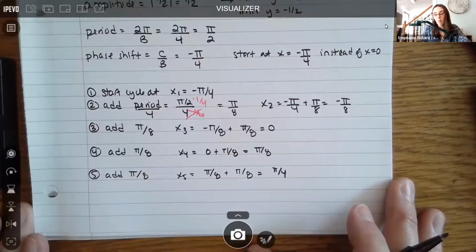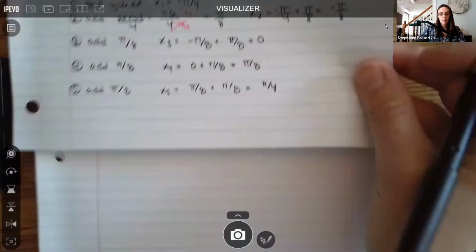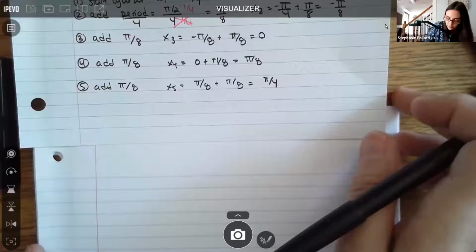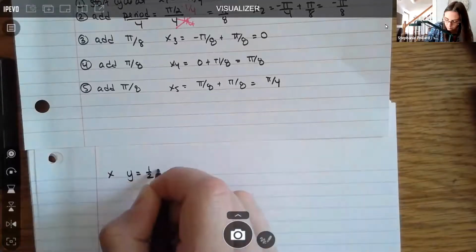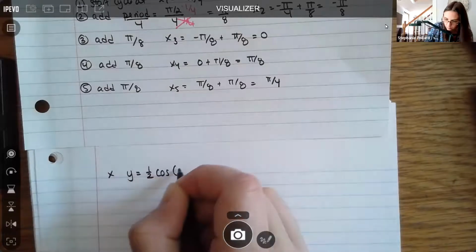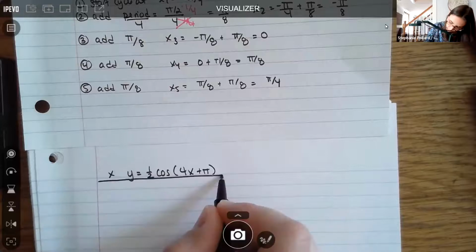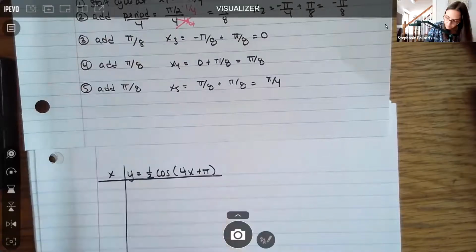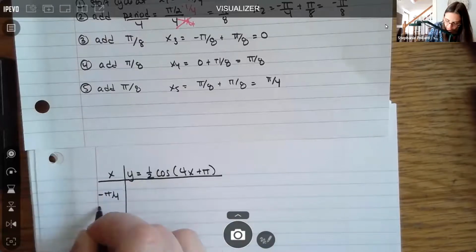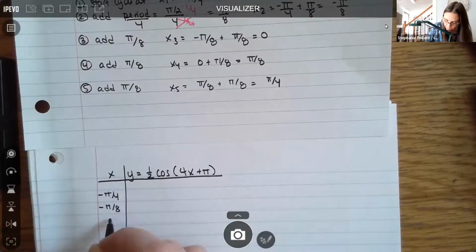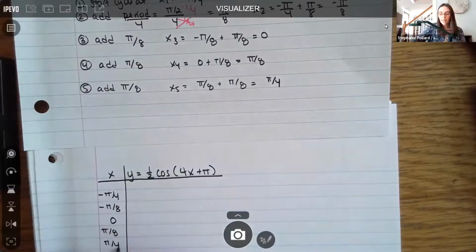So now that I have my key points, I do have to find my y values. All right, so we're starting at negative pi over 4, negative pi over 8, 0, pi over 8, and pi over 4.